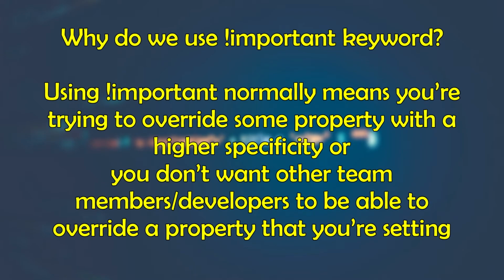Why do we use this keyword? That's the first question. Using exclamation important normally means you are trying to override some property with a higher specificity, or you don't want other team members or developers to be able to override a property that you are setting.